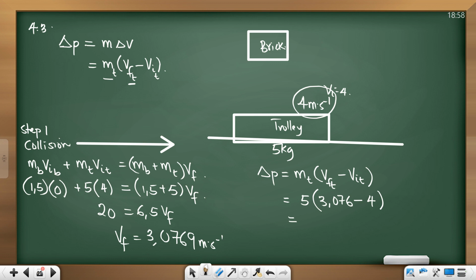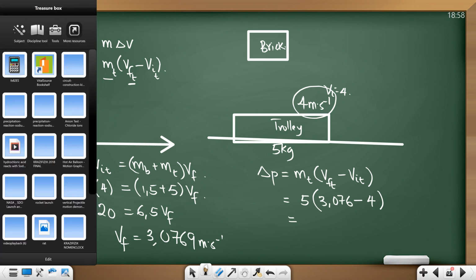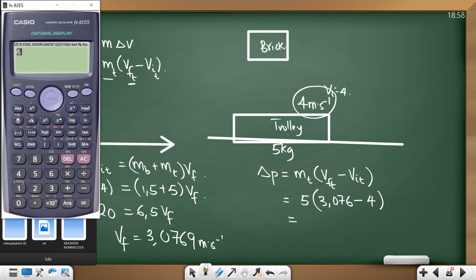It's making a lot of sense because the object is reducing speed, if you go back to lesson number 1. All right, let me save time and calculate. So what do we have? If you beat me to it, I'll appreciate that. 3,0769 minus 4. Confirm my answer, everybody? Beautiful. Now we are done with the calculation.